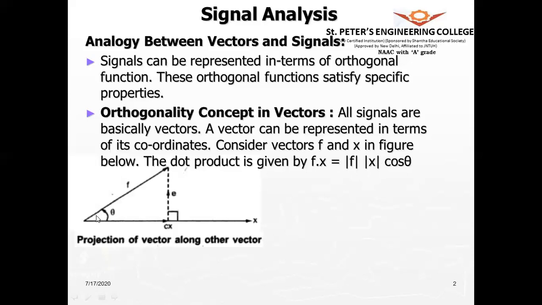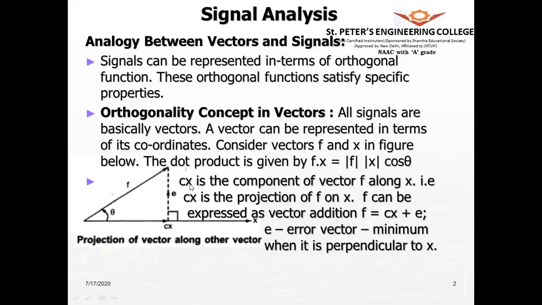Now, if we project the vector f onto x, we call that Cx. So Cx is a component of vector f along x, and f can be expressed as a vector addition: f is equal to Cx plus E, where E is called the error vector as shown here.